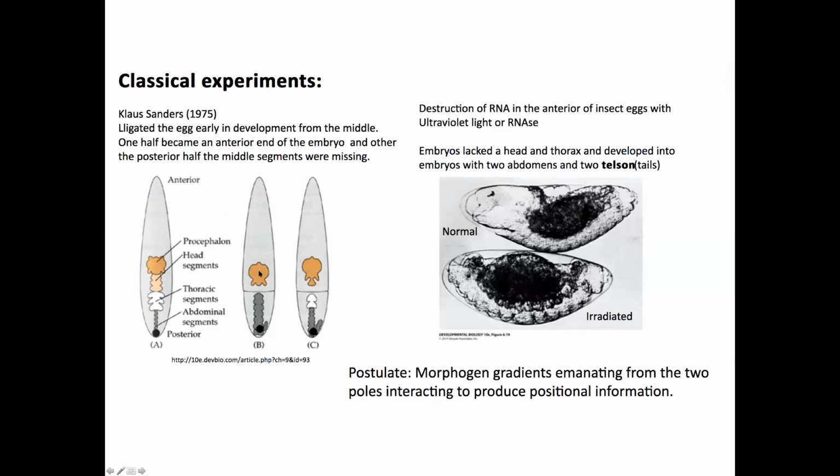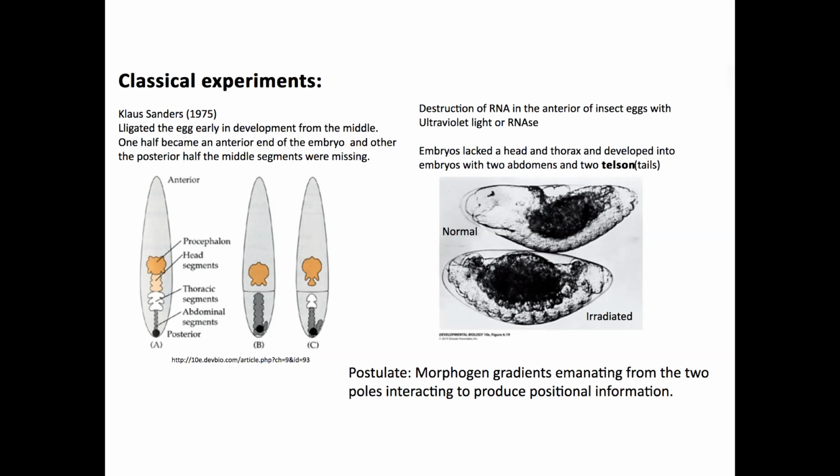One half was always anterior and the other half was always posterior. What was missing were the middle segments. So the development of the middle segments required an information exchange between the anterior and posterior, and that exchange led to the formation of the thoracic and other middle segments.